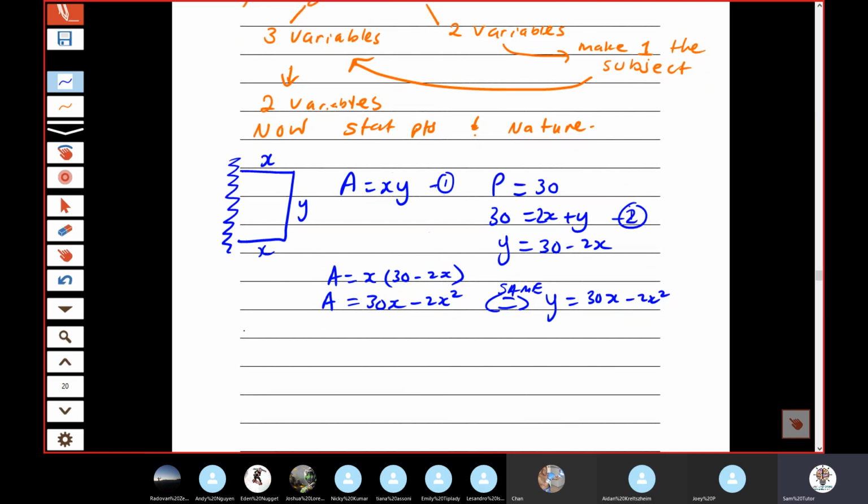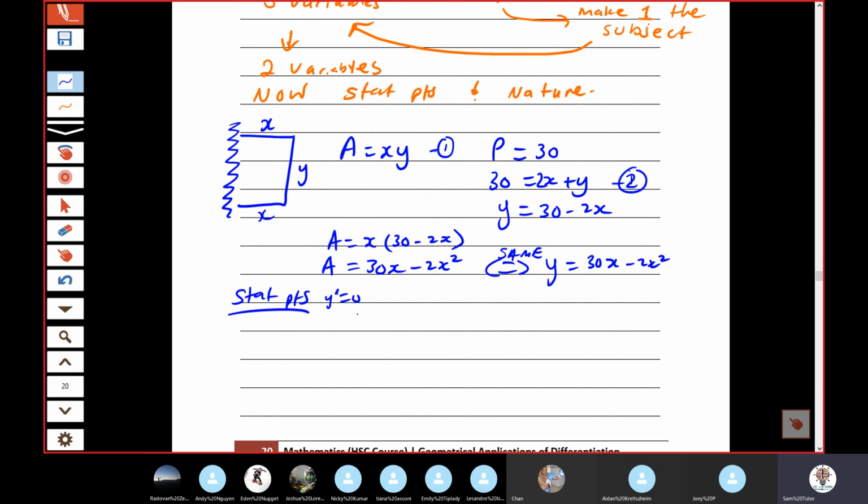So here we go. Stat points. y dash equals 0. You try to refrain from using A dash. Your teachers might. Technically, dash is only reserved for y. So mathematically, we only use it for the y's. So for A, you can't write it.